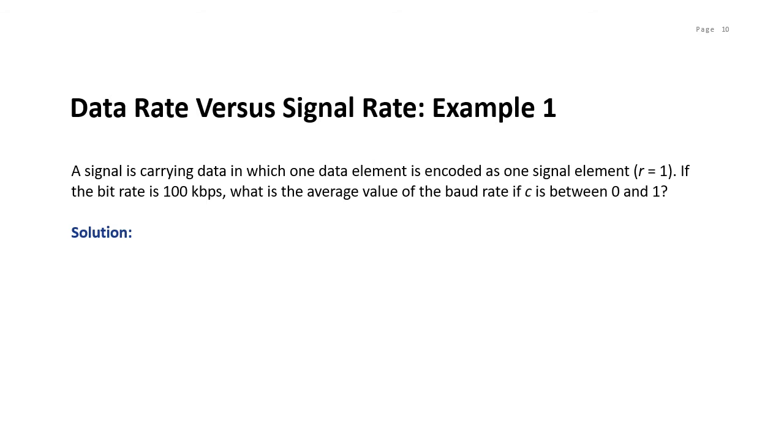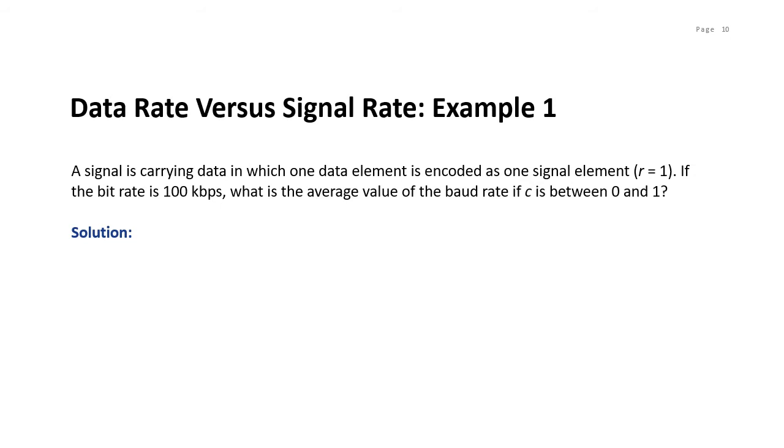Let's do an example. We have a signal carrying data in which one data element is encoded as one signal element, meaning the ratio equals 1. Given the bit rate is 100 kilobits per second, calculate the average value of the baud rate. Remember, baud rate also means the signal rate, and C is given between 0 and 1.